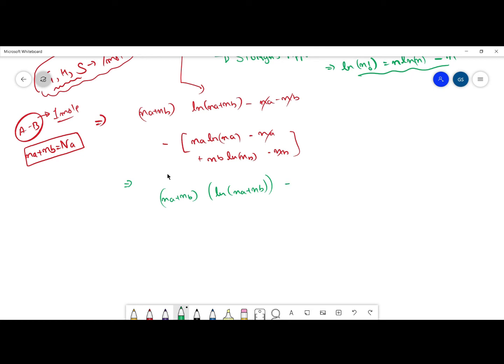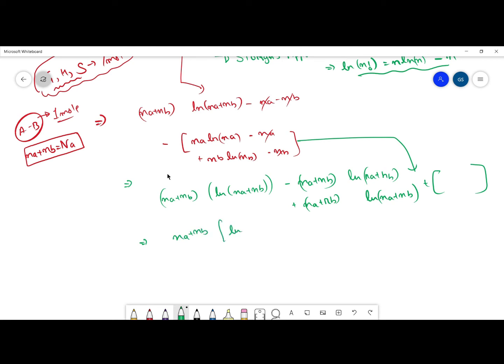So for that, I'll subtract Na plus Nb ln Na plus Nb, and since I have subtracted another term which was not there, I have to add it to balance things up, ln Na plus Nb. Now, taking the remaining terms, Na plus Nb is common, Nb is common, and ln Na plus Nb divided by ln Na plus Nb will be 1.